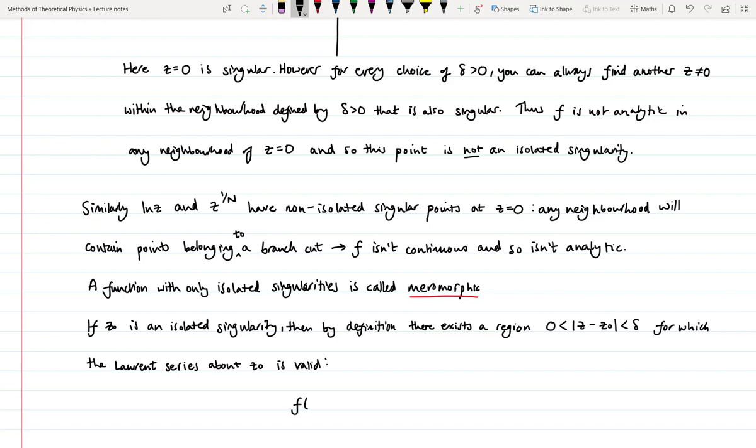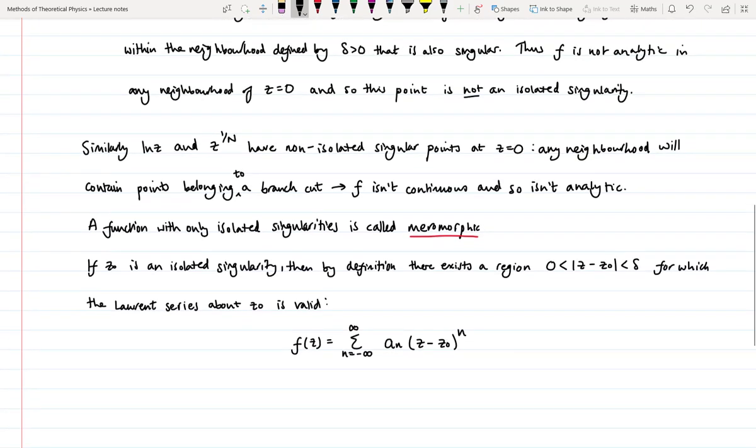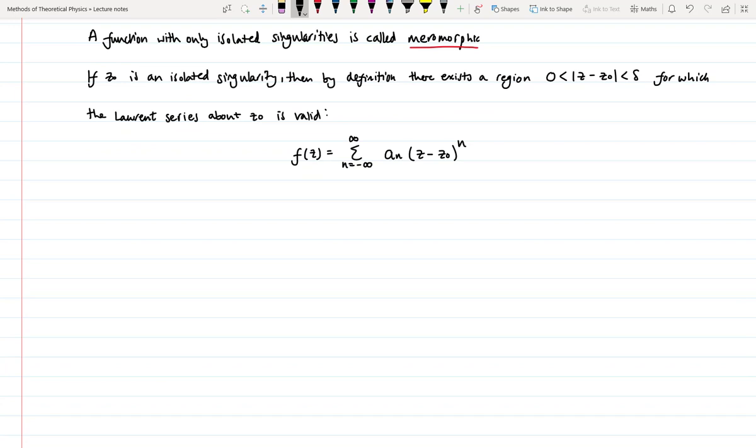That means that we can write our function f of z in a Laurent series, which is given by the sum from n equals minus infinity to infinity of some coefficients and then powers of z minus z0. Okay, so we can expand the function as a Laurent series.